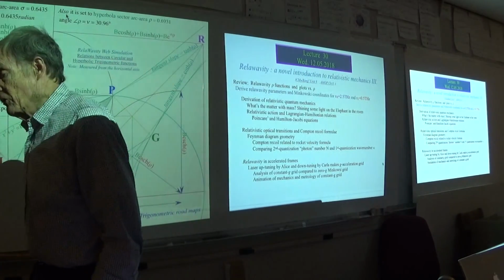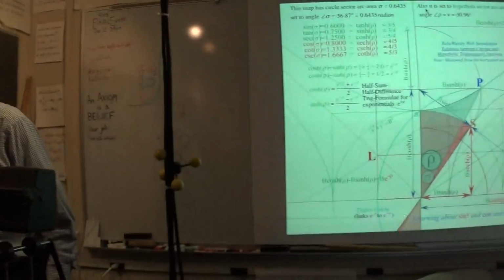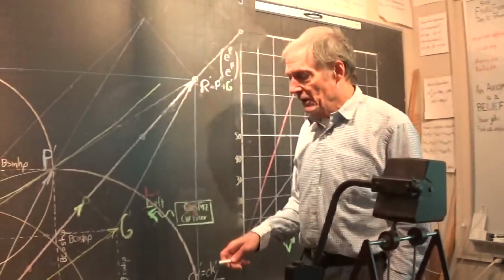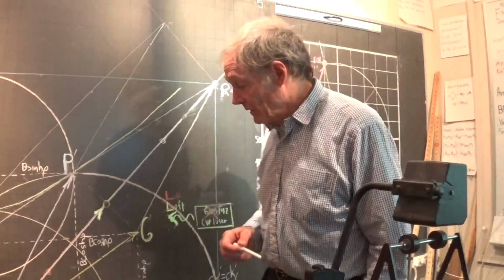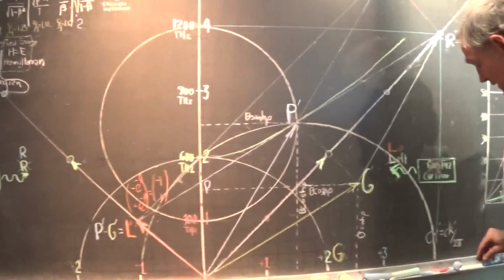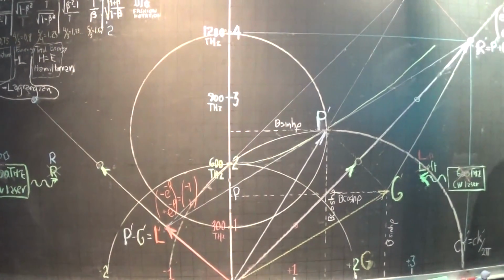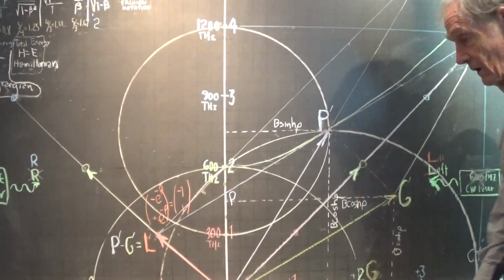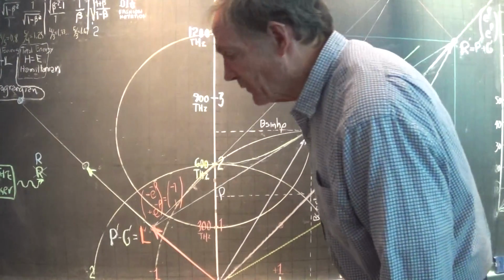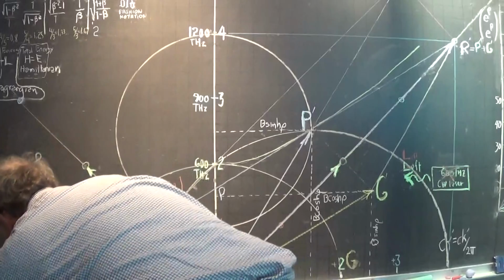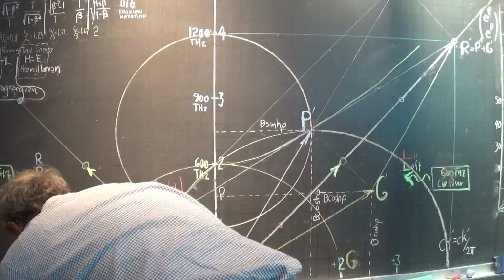Now, the one we did before is on the board here, and before we go any further, I want to make sure that you understand how to build a hyperbola using the Thales geometry, and that's a very key thing. Let's see if I can find it, a compass here. That's what I'm looking for.